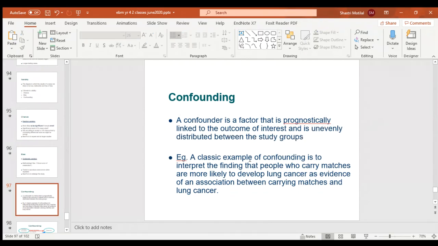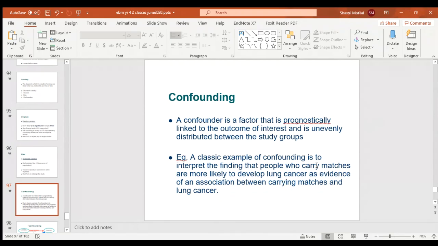This is really a silly example, but a good example of confounding would be to say something like people who walk around with a box of matches are more likely to develop lung cancer compared to people who don't walk around with a box of matches. So we could do a case control study, look at lung cancer people and ask them, did you used to walk around with a box of matches, then ask controls, and we could work out an odds ratio for the association between lung cancer and that risk factor.